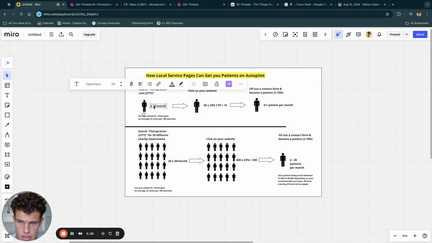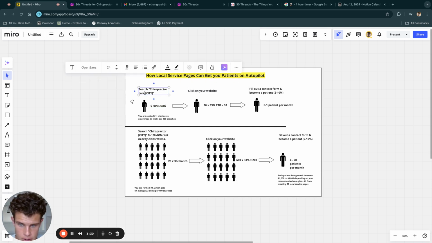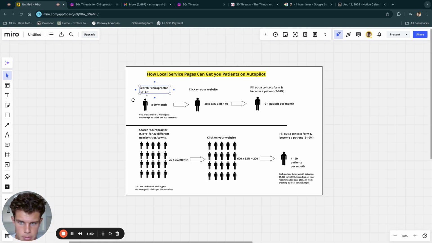So now instead of getting 30 impressions every month, we're getting 60, because we have a page for chiropractic care and chiropractor. This will increase the amount of clicks we get to the website because we have more of these pages. It'll increase the amount of potential patients and patients we get, and it'll also increase the amount of revenue that we can drive from these patients.